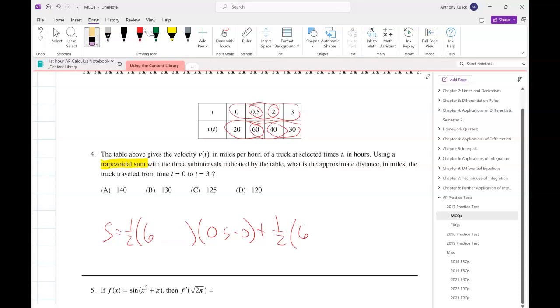Oops, that should have been 20 plus 60, huh? Ruh-roh.